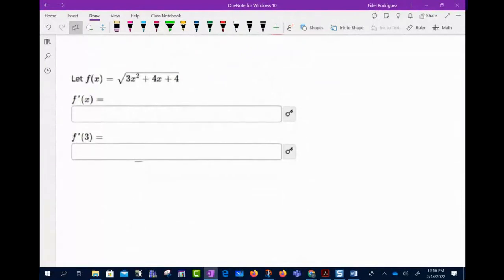So again, here's another problem. We're going to go through it slowly, one piece at a time. The first thing I'm going to do, y'all, I'm going to rewrite my function. I'm going to write it so that it looks like this. I know we talked about this one day, but I don't know if anybody remembers. Do you remember how we can write the square root as a power?